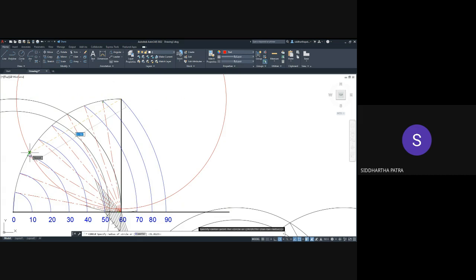Now you can also go with a trial and error method. So basically you choose a radius, make an intersection over here. From this point also you make an intersection. Now the gap between two intersections should match with the radius that you took to make the intersections.